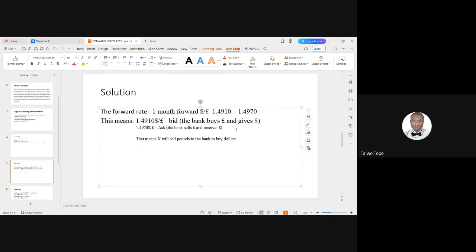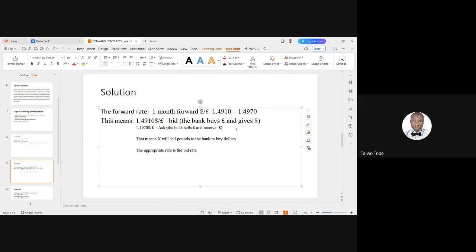So for you to determine this, the appropriate rate is the bid rate. And the bid rate will be what?